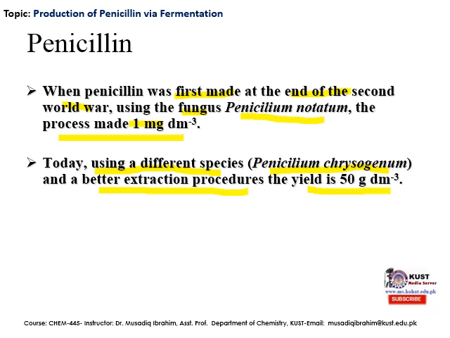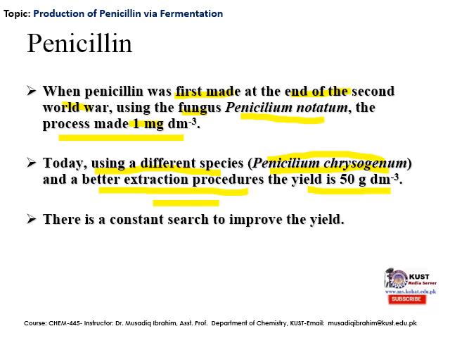So from here you can assess that through the technology, through the better extraction process, the yield has been increased up to 50 gram per liter from a fermentation process. So the important thing is Penicillium crassugenium, which species of the penicillium is used, as well as the extraction procedure. And there's a constant search for improved yield.